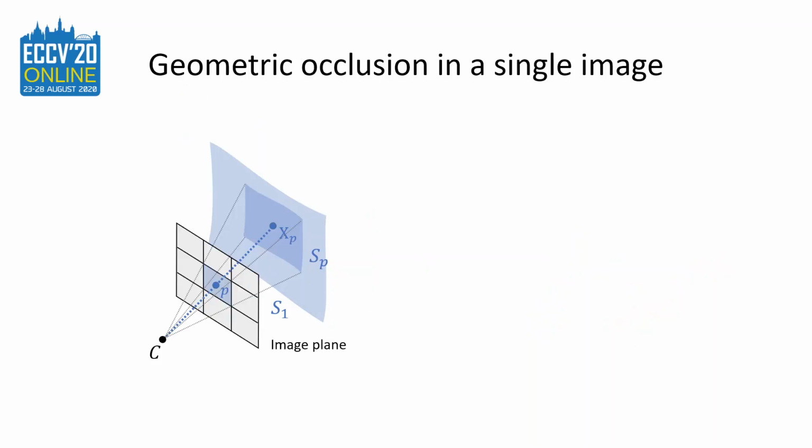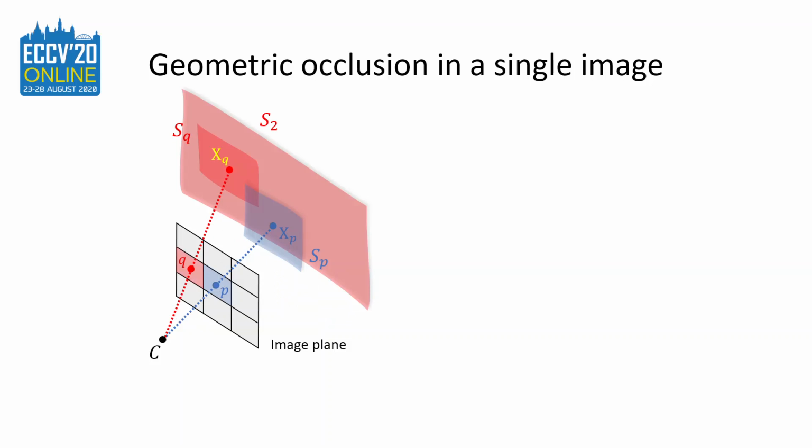Given an image plane, we assume that each pixel in the image plane is the 2D projection of a visible 3D surface patch, and the center of this pixel is the 2D projection of a 3D point on this surface patch. Here we use a pixel P to represent the surface patch SP, and SP belongs to the surface S1.